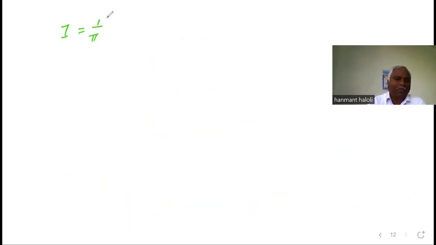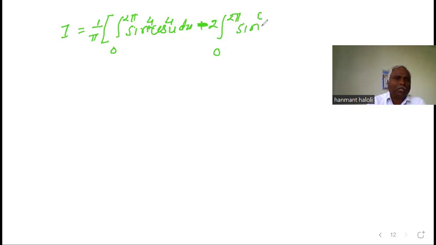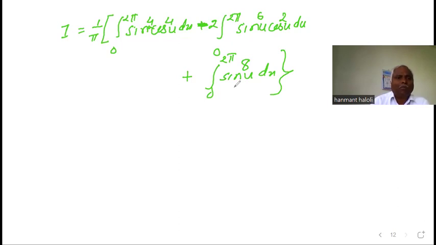Now each integral, I'll write one more time: integral 0 to 2 pi sin raised to 4u cos raised to 4u du, minus 2 times integral 0 to 2 pi sin raised to 6u cos raised to 2u du, and lastly integral 0 to 2 pi sin raised to 8u du, can be split using the reduction formula.